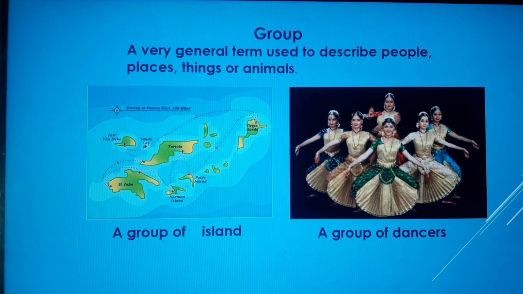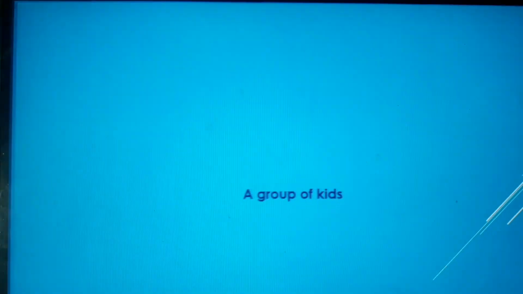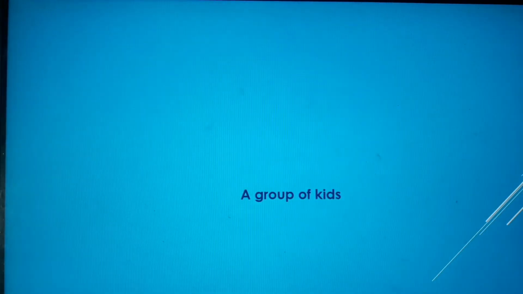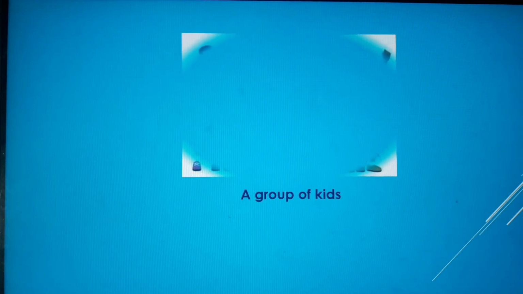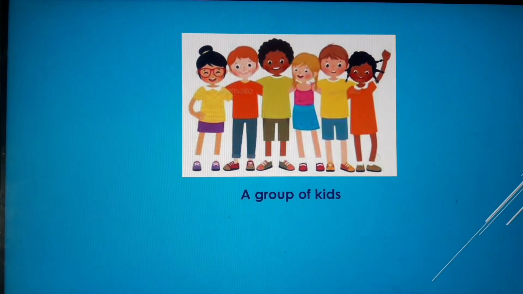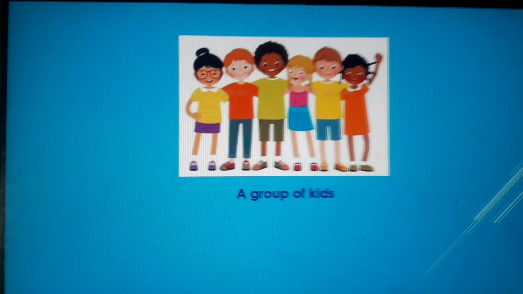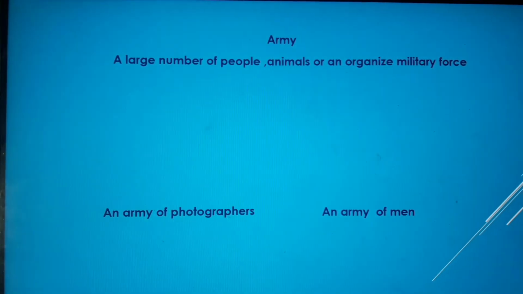The next one is, a group of kids. So many children together, you can say a group of kids. That is the collective noun. The next one, army. A large number of people, animals, or an organized military force.